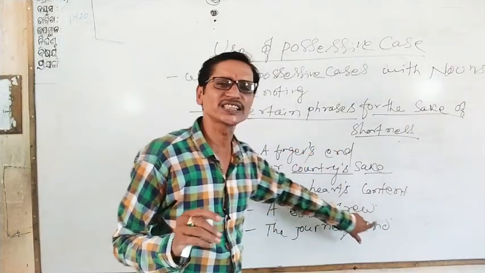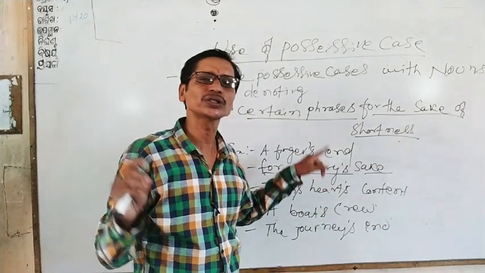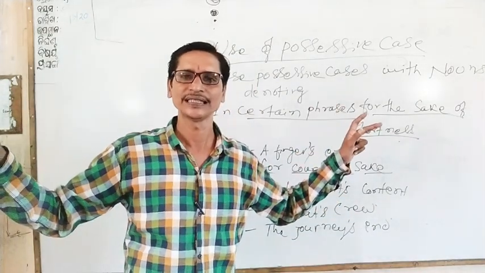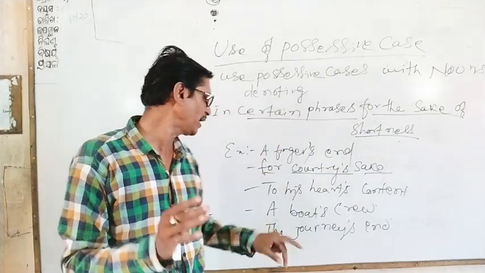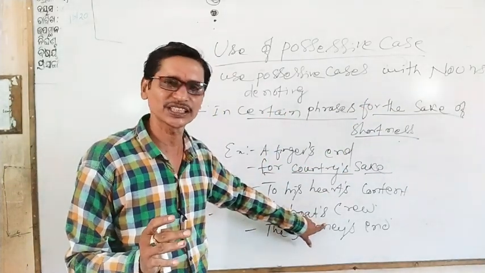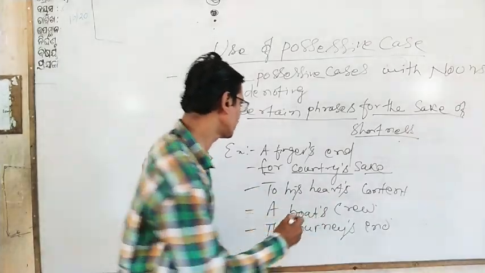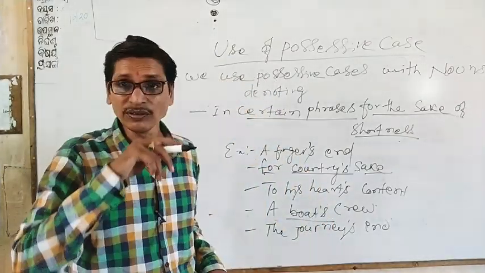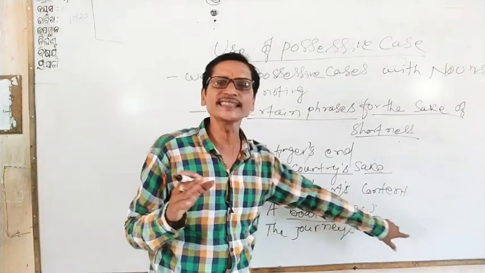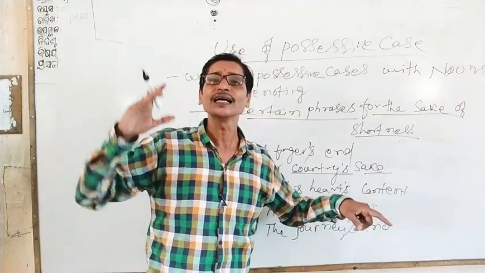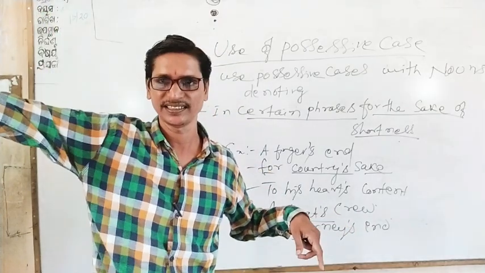Similarly, the boat's crew, the crew of the boat. Instead of using a long sentence, we made it short and we used an apostrophe possessive case with this noun to make it short. Similarly, the journey's end. That means end of the journey.